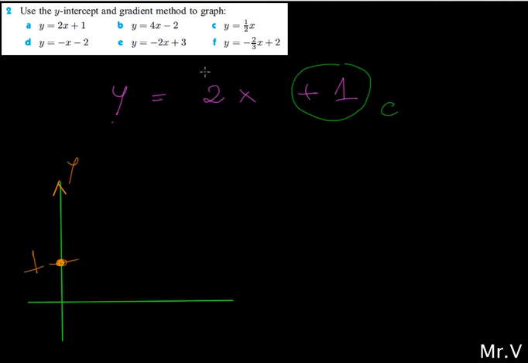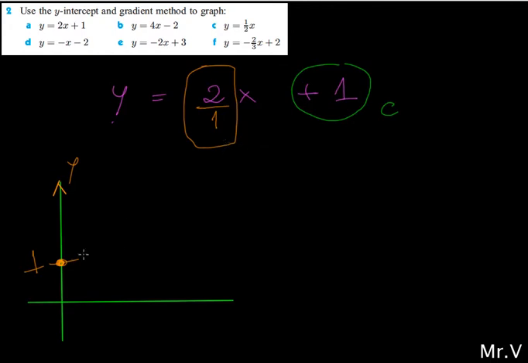Now, if I look at the gradient, the number that's in front of x, what I will have to use is the method of rise over run. So I need to remember that a whole number like this, 2, I can write as a fraction, 2 over 1, right?